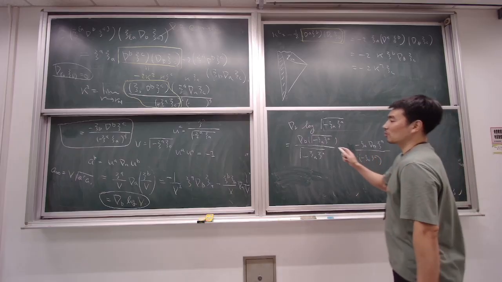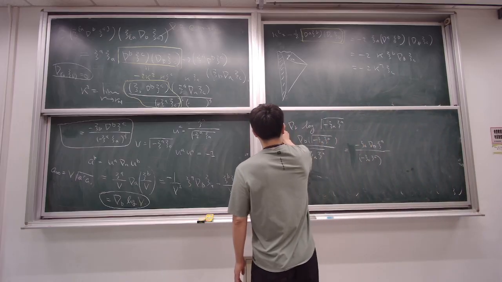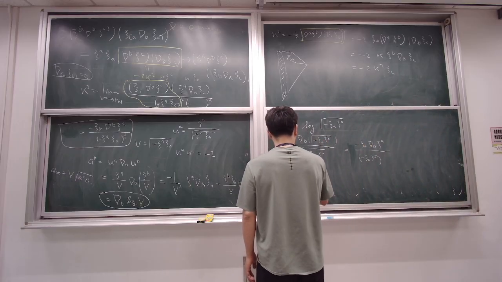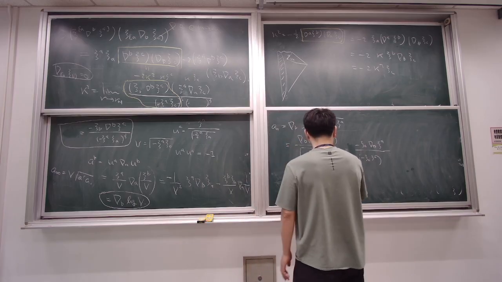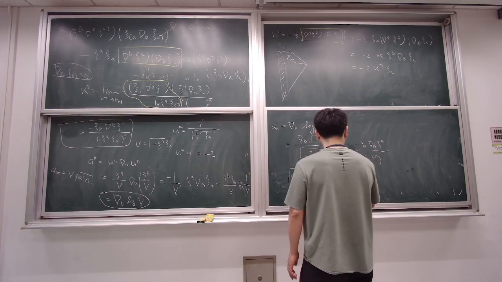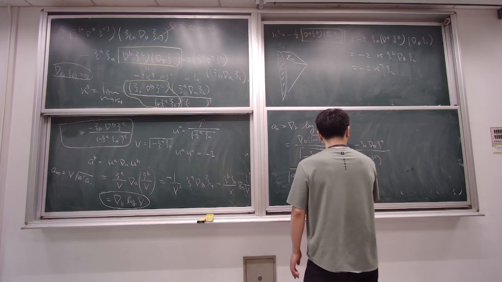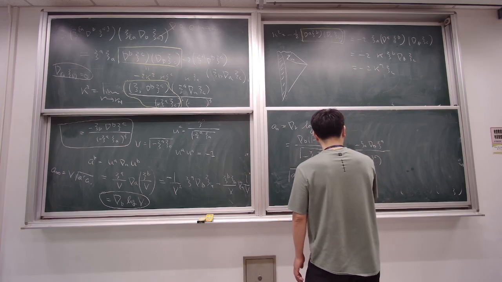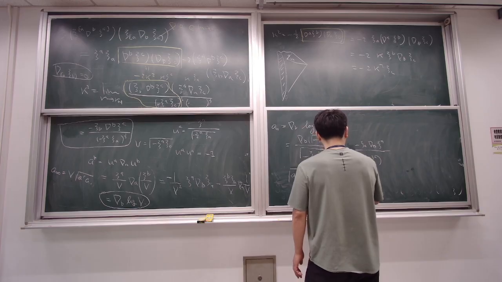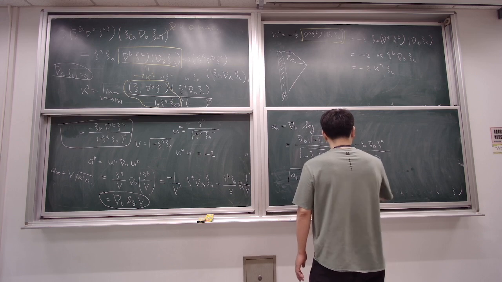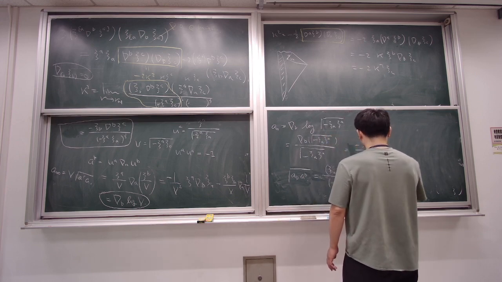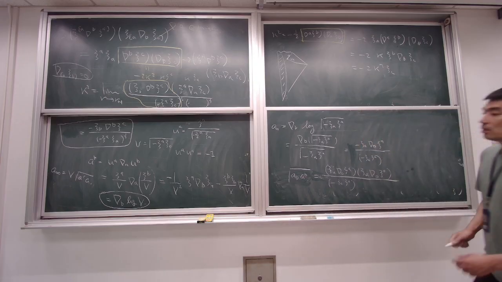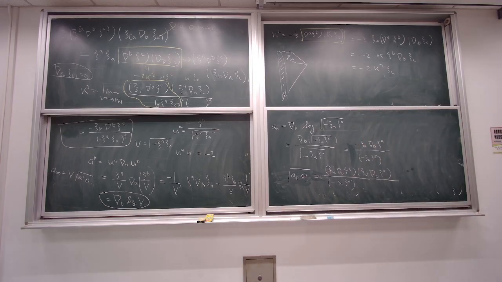So let's call this AB, and take a square root, that will give you minus CA times this one, right? That will be CA, and then CA, that will be CA. Okay, so that's the case.